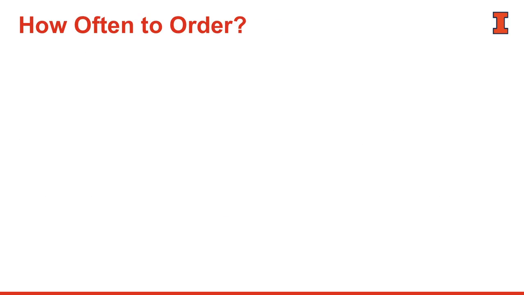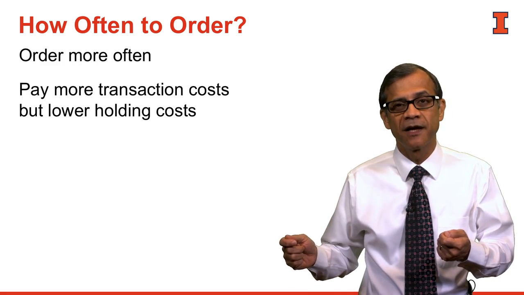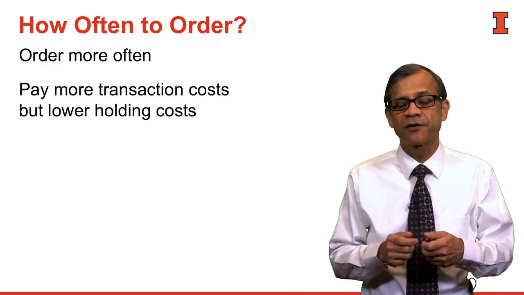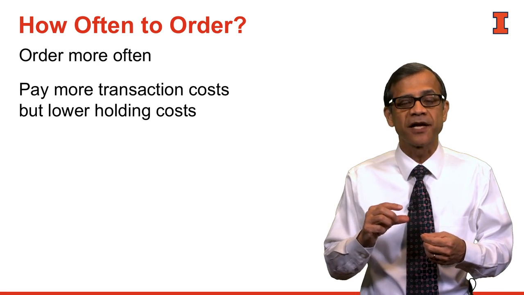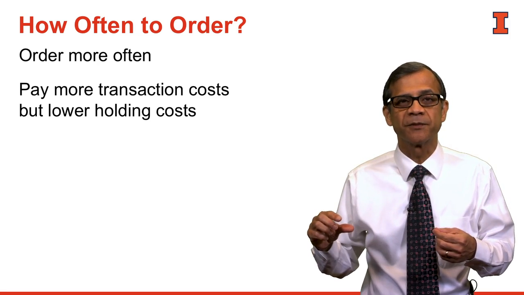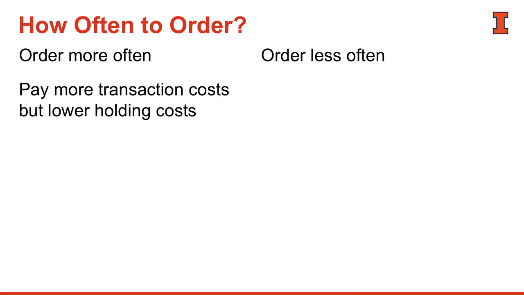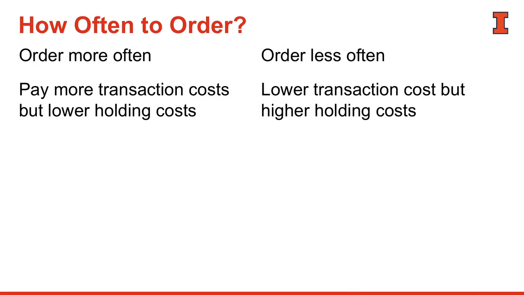Now, if I decide to order too often, then I will pay a lot of ordering costs, or setup costs. However, because I'm ordering frequently, I don't have to order as much at a time, and so my inventory carrying costs will be lower. On the other hand, if I want to lower my ordering costs, I can choose to order less frequently, and so I pay more inventory carrying costs and less ordering costs.